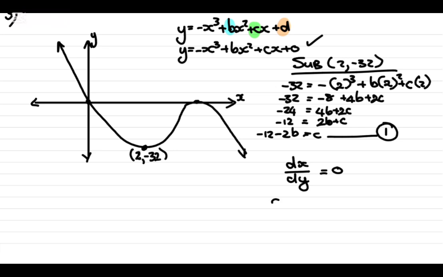So let's derive this. dy over dx would be 3 times a negative, it's negative 3x, and subtract 1, 2, plus 2bx, subtract 1. So this 2 multiplies with this, and this one is going to multiply with the c, so it's just c and subtract 1. Yeah, so it just becomes c. We make it equal to 0 because the gradient is 0.